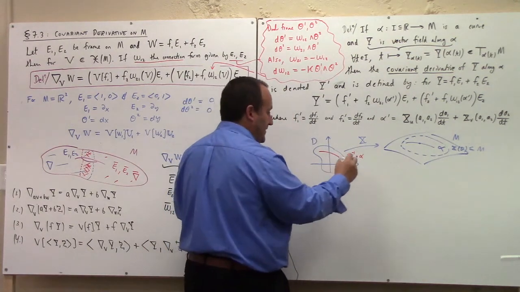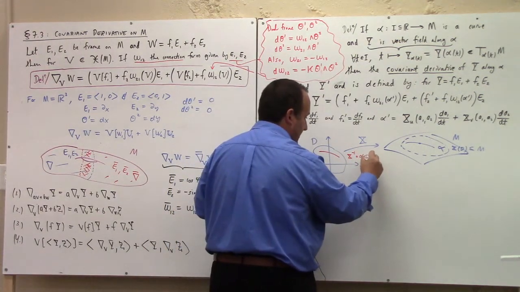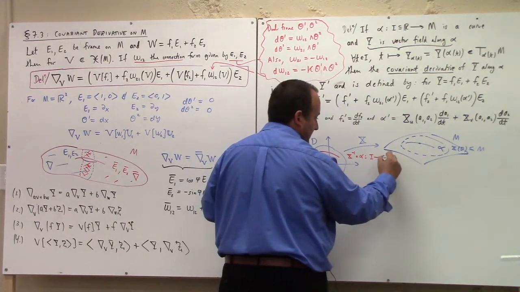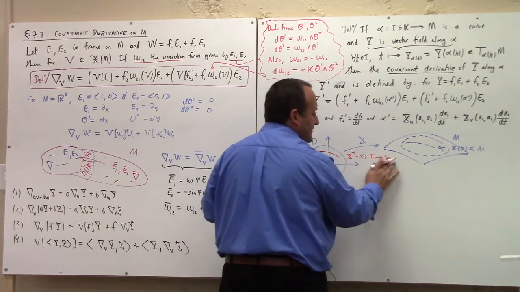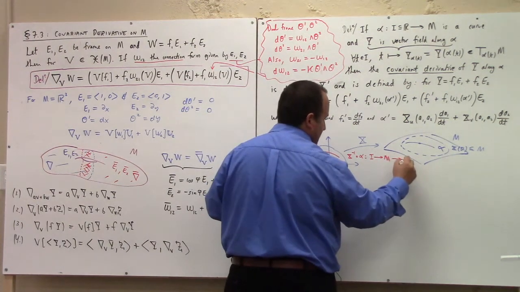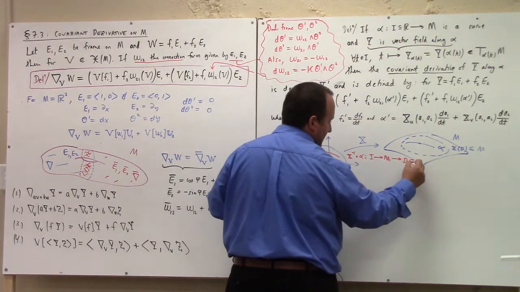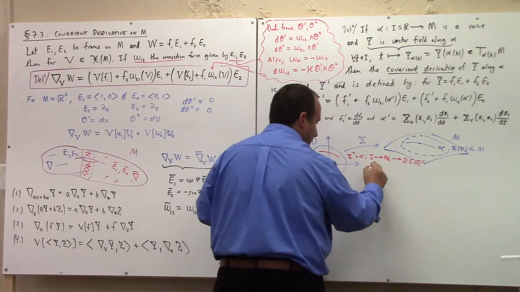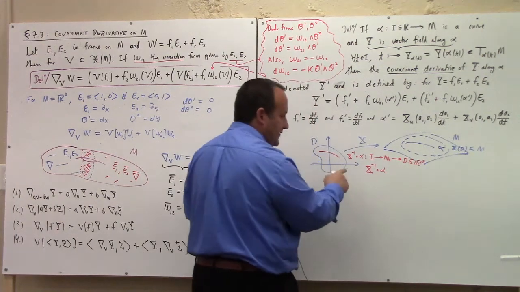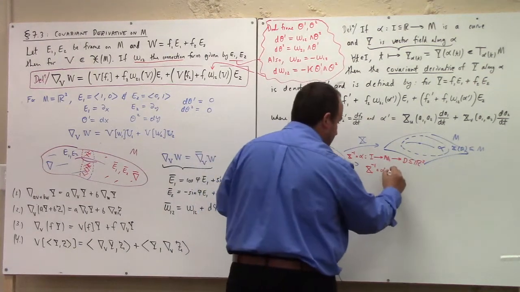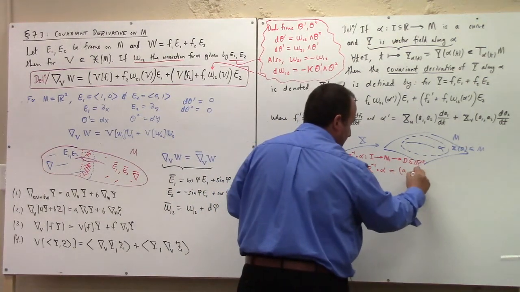So alpha goes from I to M, but then x inverse takes you back to D, which is a subset of R2. So this thing, x inverse composed with alpha, is a function from the reals to R2. So it's a pair of functions, which we call A1 and A2.